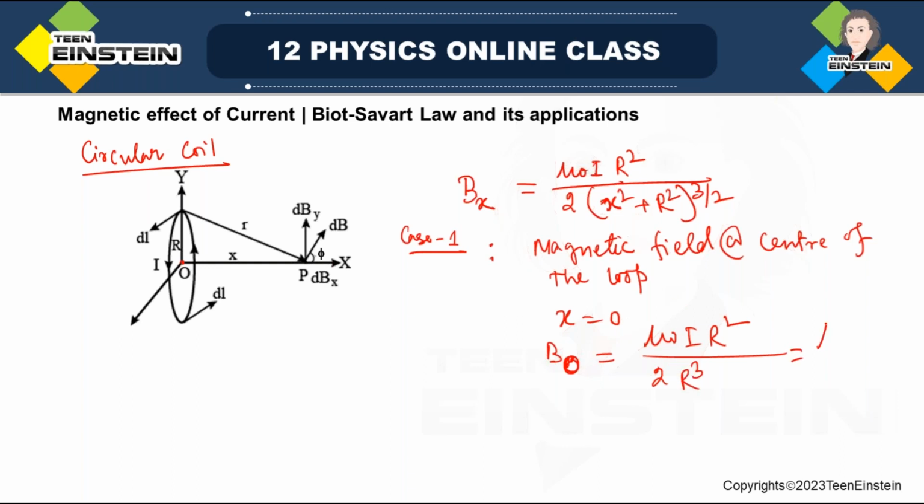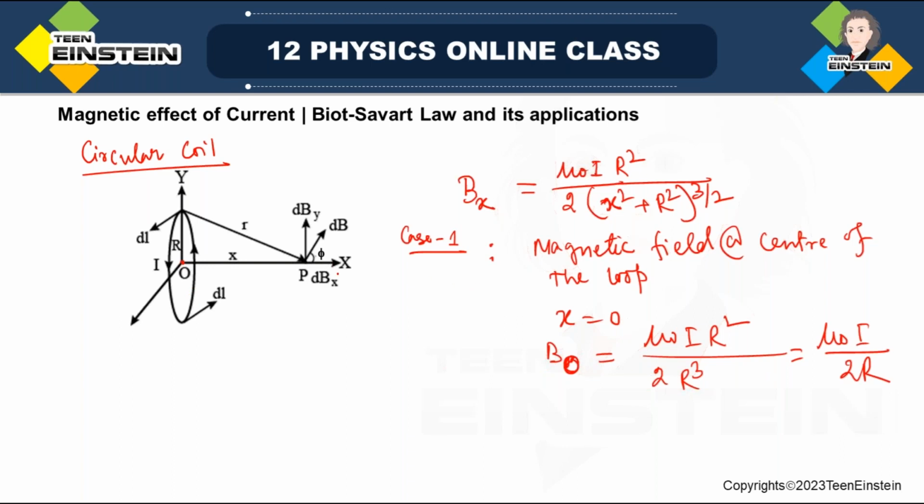That means you get mu0 I by 2R. Okay, so the magnetic field at the center will be this one. We can just keep this.